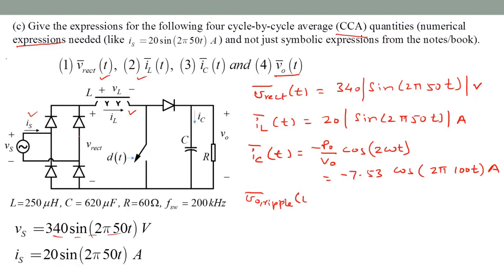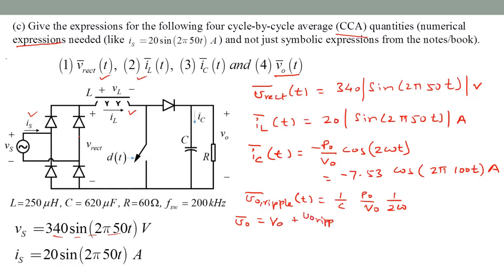That was derived in the notes as 1 over C, output power over the nominal output voltage, 1 over 2 omega, where omega is just 2 pi 50t. This is just the ripple, but the complete output voltage cycle by cycle average will definitely include the DC value, plus of course this ripple.